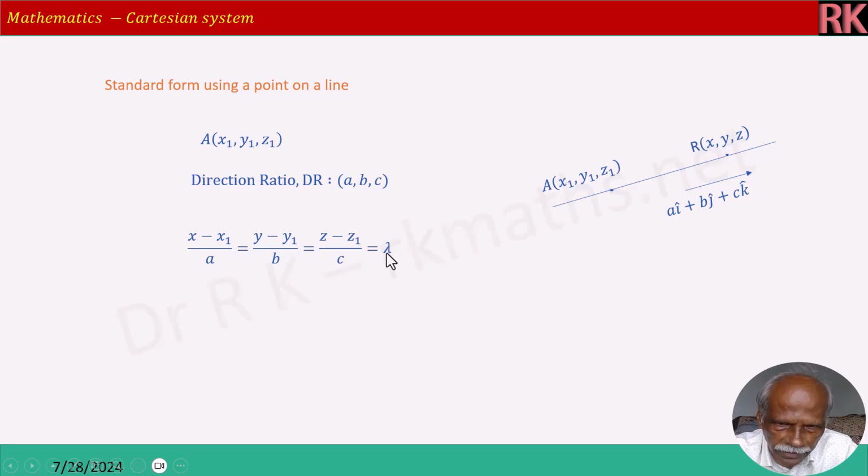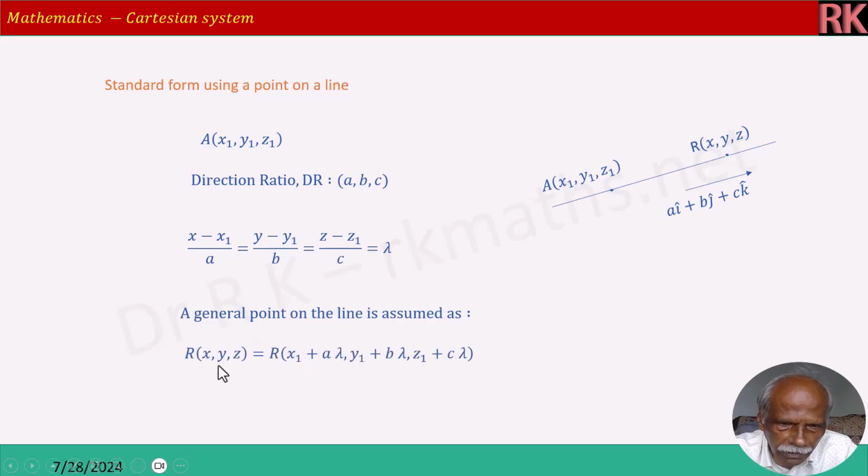For varying constant values, we get varying points on the line. A general point on the line is assumed as r = (x1 + a lambda, y1 + b lambda, z1 + c lambda). This tells how far it is from x1, y1, z1 along the x-axis, y-axis and z-axis, giving the location r of x, y, z.